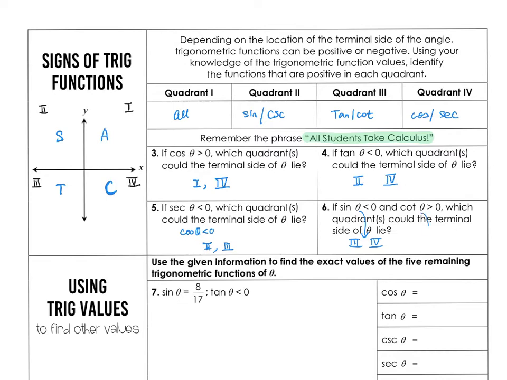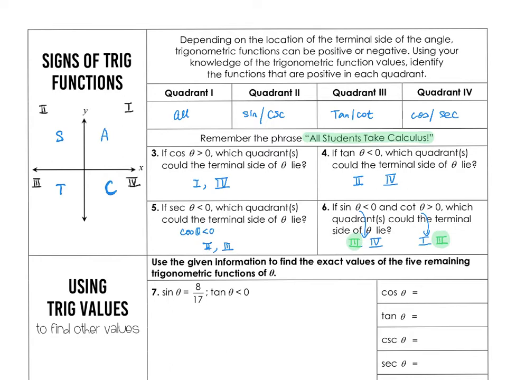And then for cotangent to be greater than 0, it has to be 1 and 3. Guess what? There's only one quadrant, which is the third quadrant, where both conditions can be satisfied, where sine is negative and cotangent is positive.